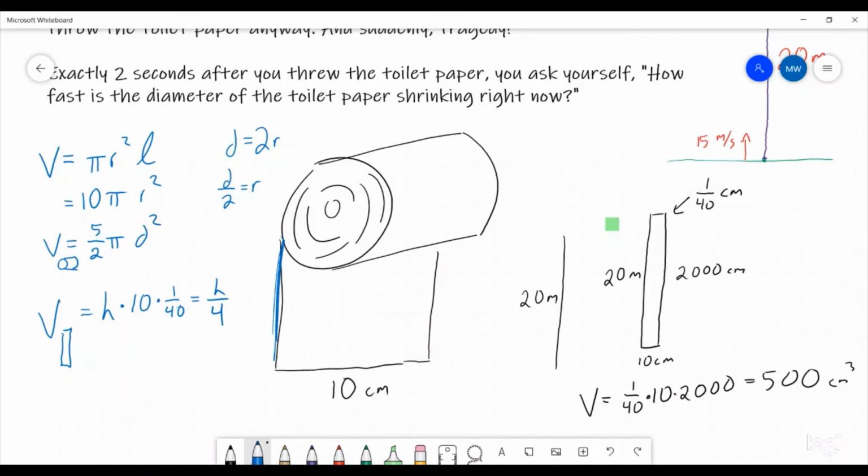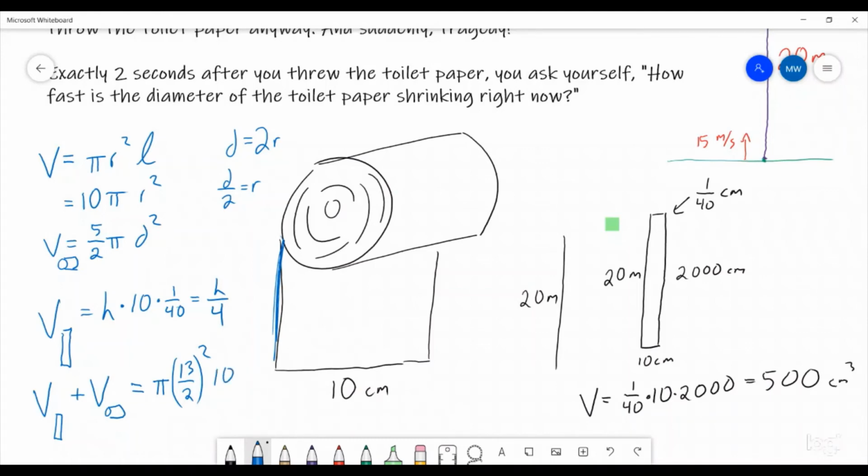So there we go. We have some sort of connection between the volume of the strip and the volume of a cylinder, and we know the connection between both of those together. The volume of how much toilet paper has been pulled out plus the volume of how much toilet paper is still in the roll has to be equal to the original amount of toilet paper that was there, which is equal to pi times radius 13/2 squared times the length, 10.